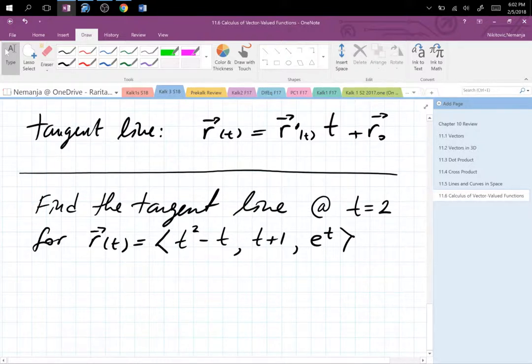Exactly, that's what you don't focus on.